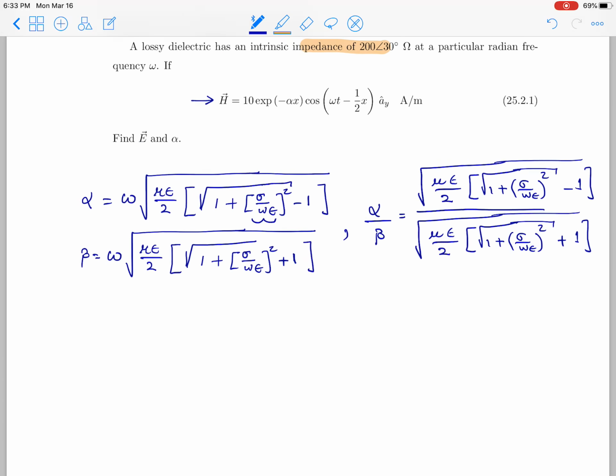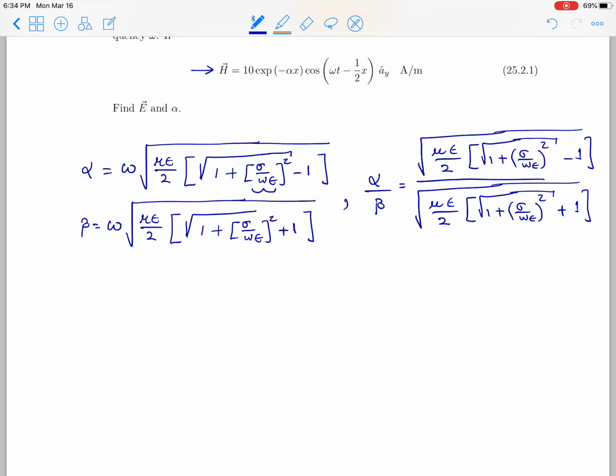This ratio is not a function of frequency, so the fact that we don't know the frequency is not relevant.